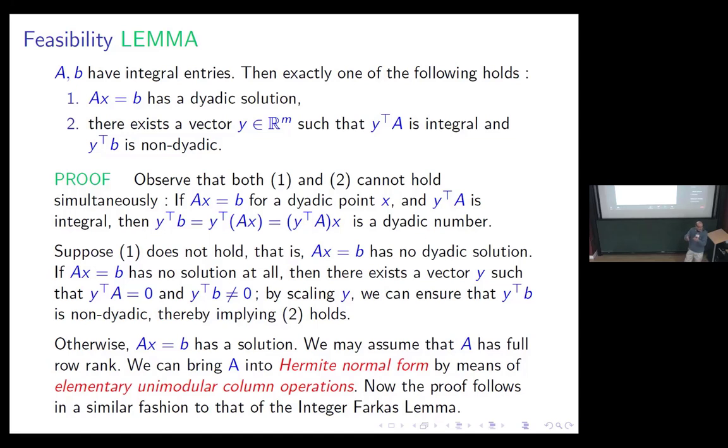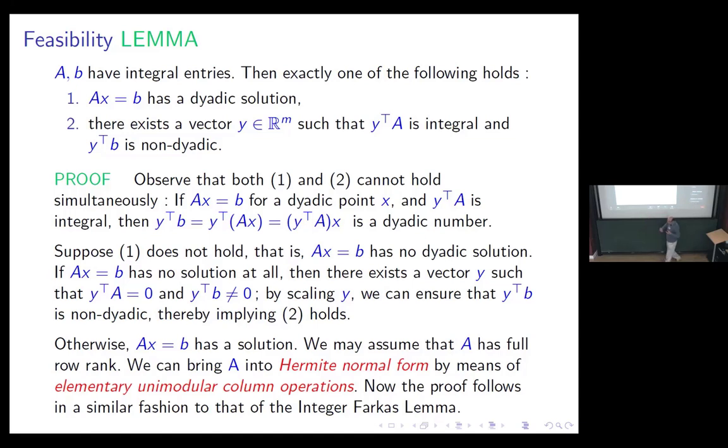And that is, first thing we do is we transform our equations into Hermite normal form. So we can assume that A has full row rank, and then we can bring A into Hermite normal form by doing elementary unimodular column operations.